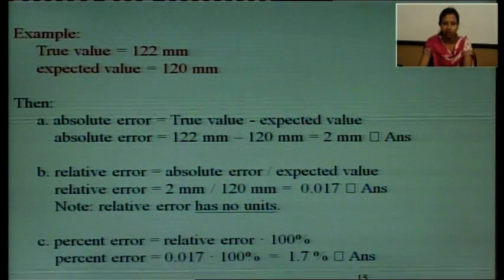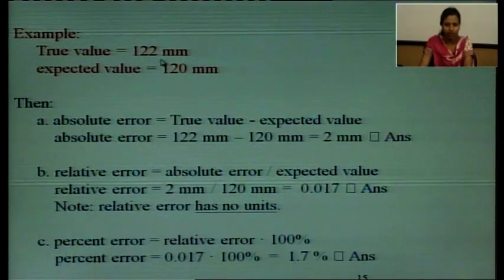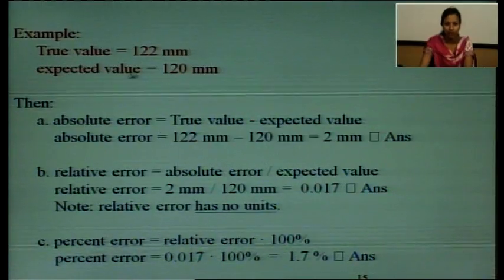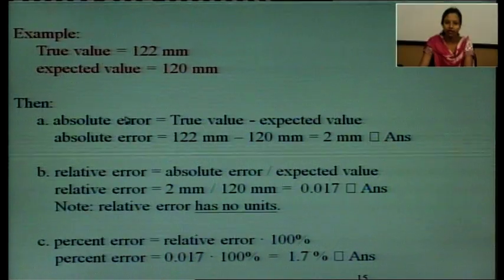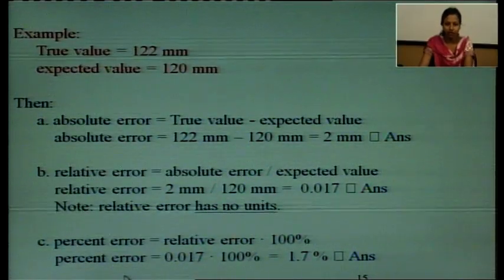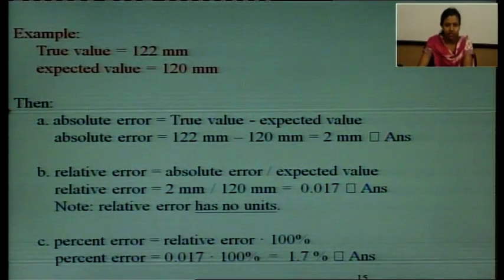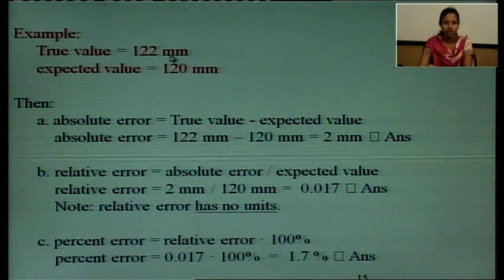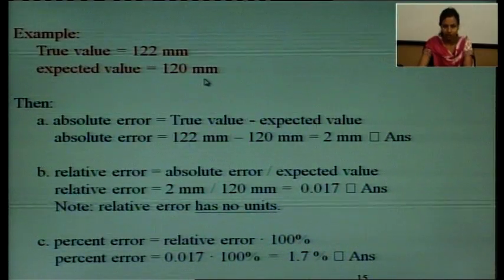Next numerical: if the true value of any physical quantity is 122 mm and the expected value is 120 mm, then we need to find all types of error like absolute error, relative error and percentage error. So this is a very simple numerical. One thing to note here is that units are very essential while measuring.